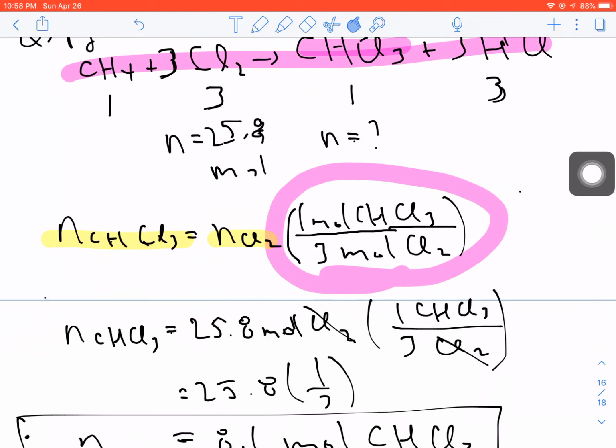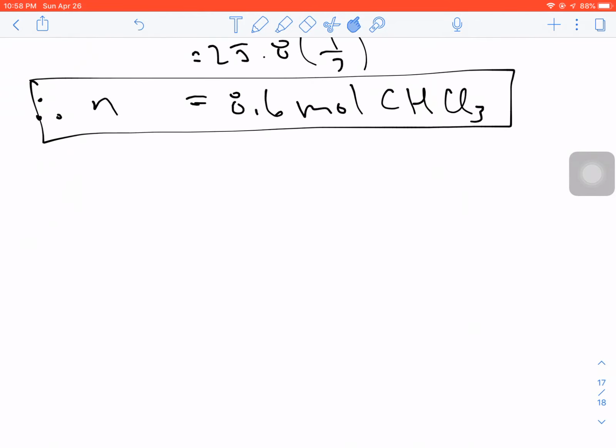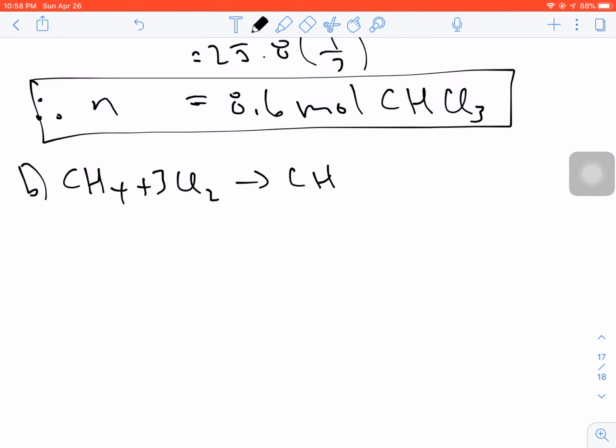Let's try this again with the second part. There's a B part of this question. So let's write out my equation again. I have CH4 plus 3 Cl2s makes CHCl3 plus 3 HCls.